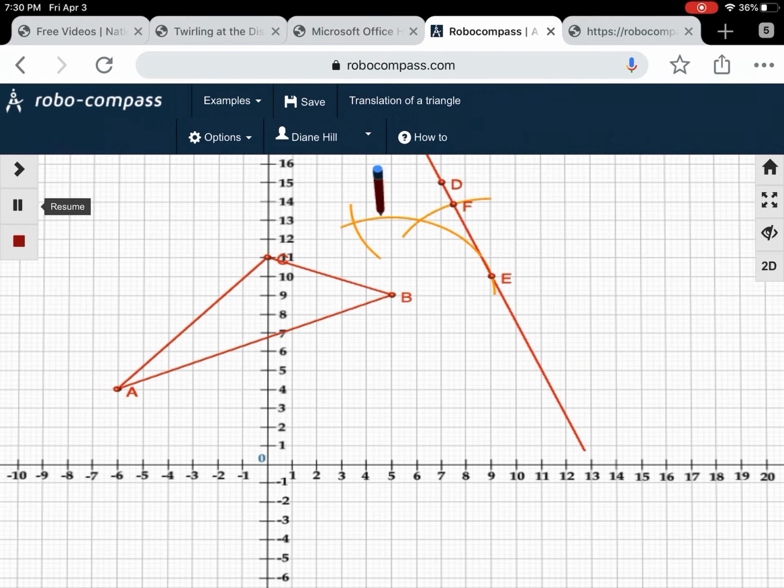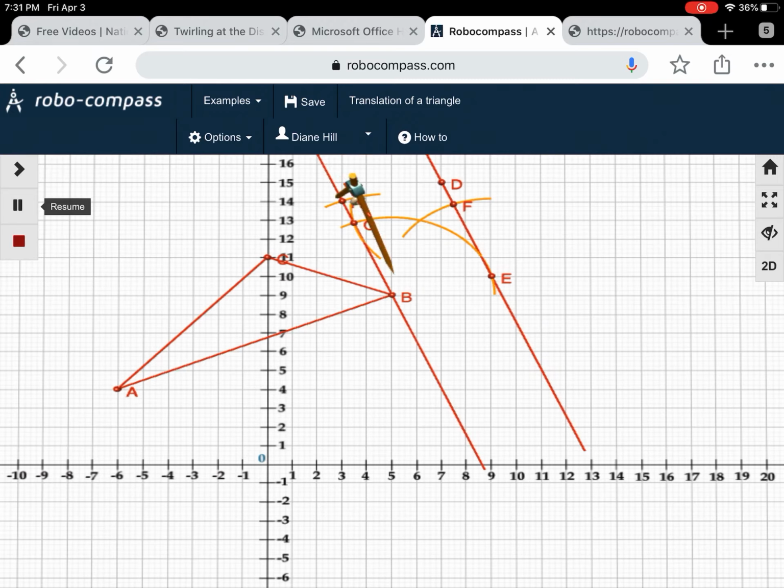So what it's doing here is making a parallel line using the rhombus method, right? It just made 4 sides all the same length using that compass. So I draw a parallel line.